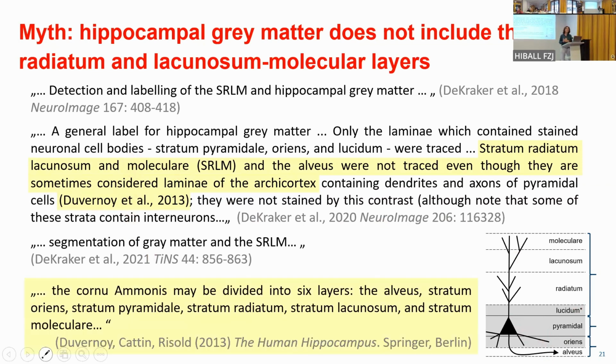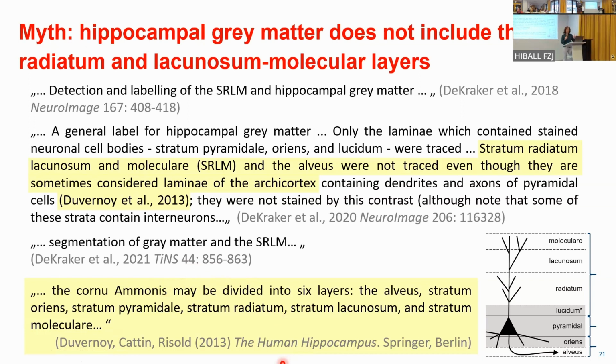Actually, what Duvernois said was that the cornu ammonis may be divided into 6 layers: the alveus, stratum oriens, pyramidale, radiatum, lacunosum, and moleculare. And when Duvernois says may be divided, they don't mean include these layers if you want and exclude them if you want.